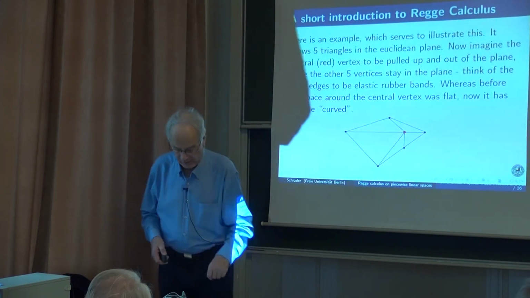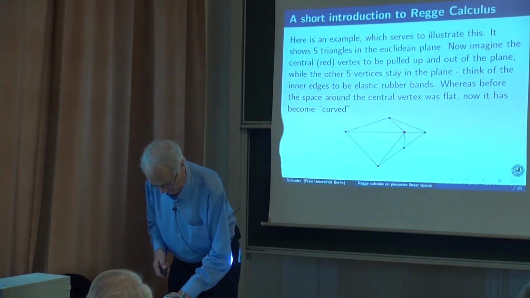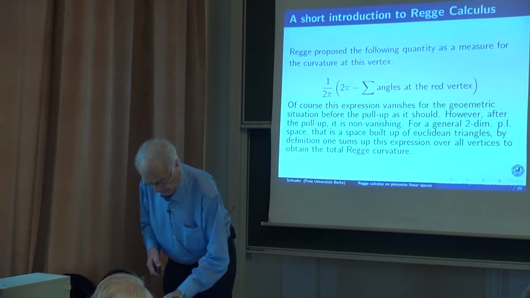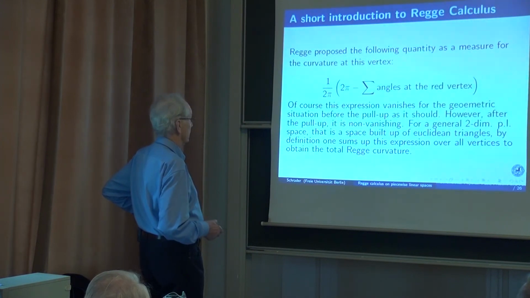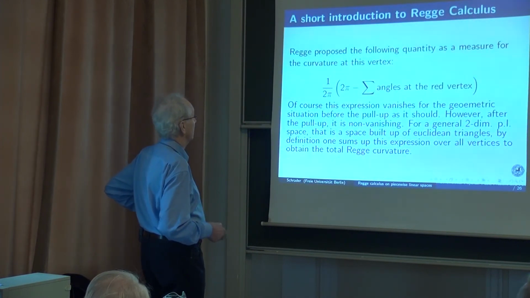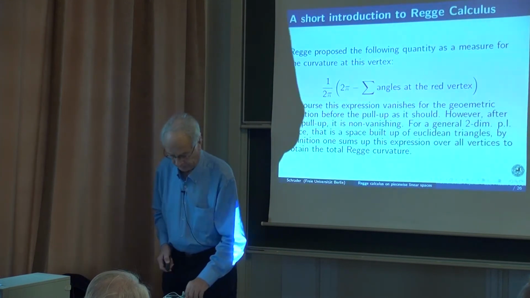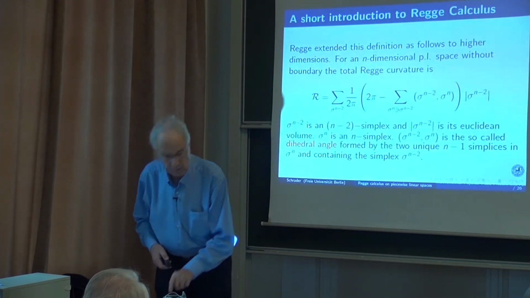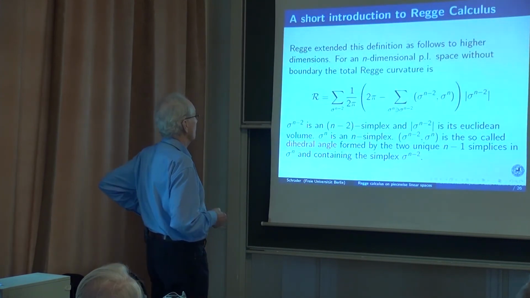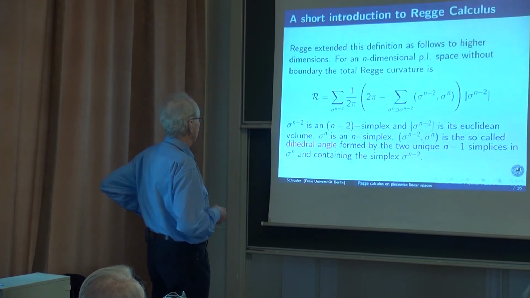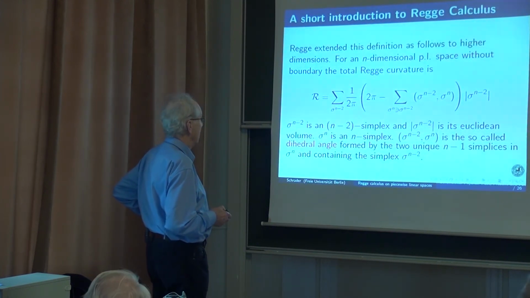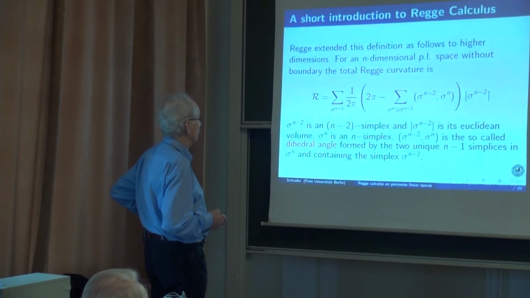So in 2 dimensions, that's easy. This is what I've just said. The sum of the angle at the red vertex. So what do you do in higher dimensions? Well, in higher dimensions you again have 2 pi minus the sum of angles.